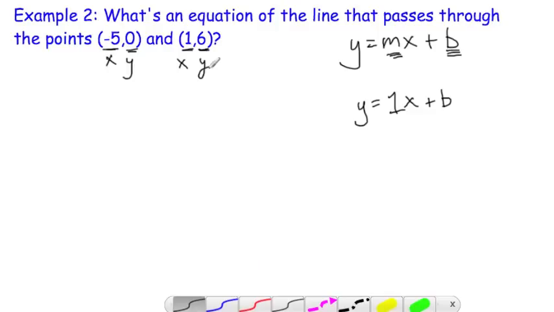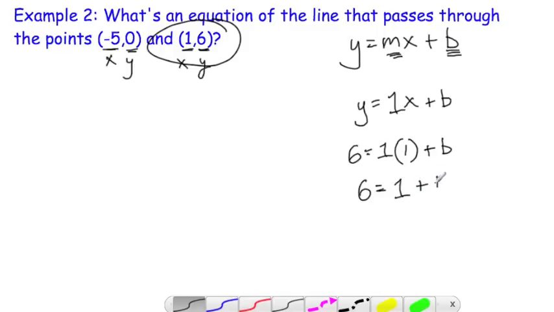Oh, forget it. I'll do both of them. I'll do this one first. 6 equals 1 times x, 1, plus b. 6 equals 1 times 1 is 1, plus b. Subtract 1, subtract 1. b equals 5.